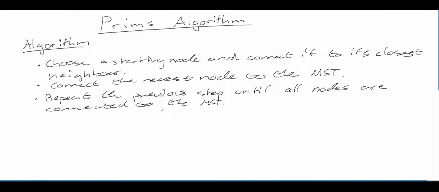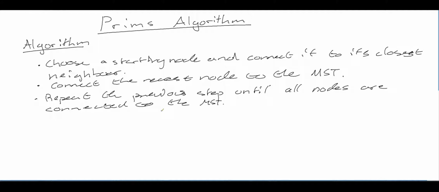Okay, so these are the steps of the algorithm, and to start off with, what we've got to do is choose a node in our original graph that we're going to start at, and we connect it to its closest neighbour in the weighted graph. Then, second of all, we connect the nearest node to the minimum spanning tree up to the minimum spanning tree.